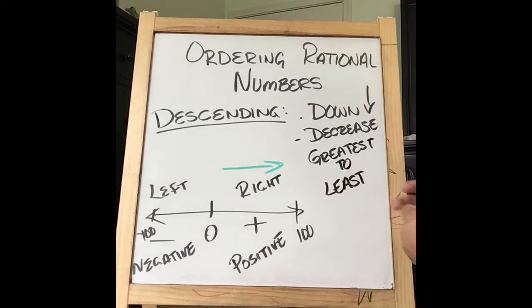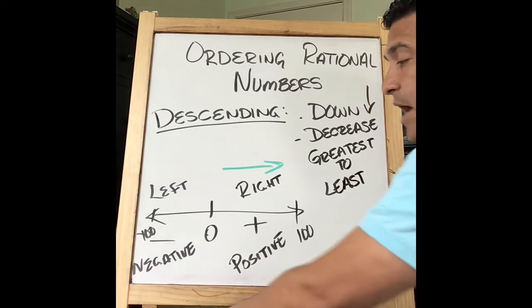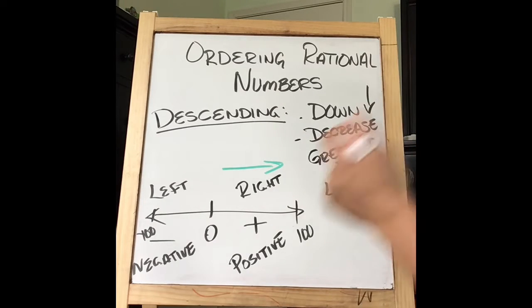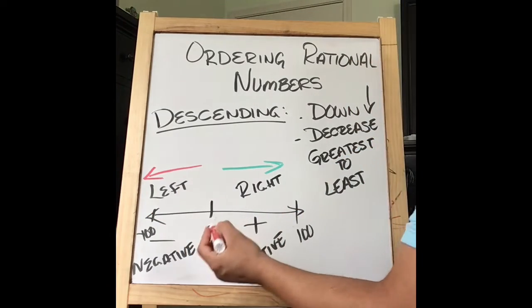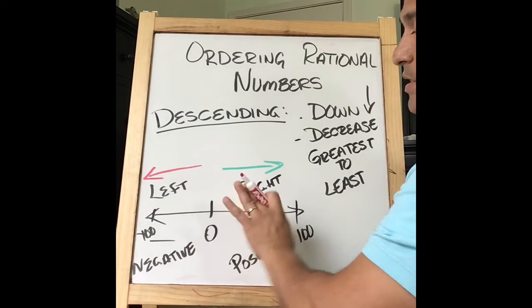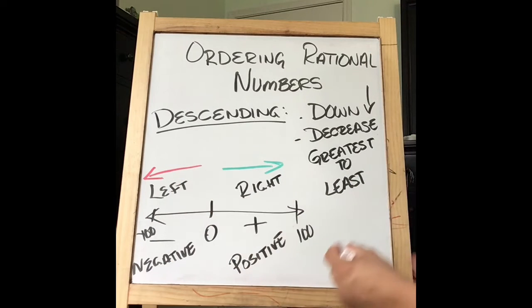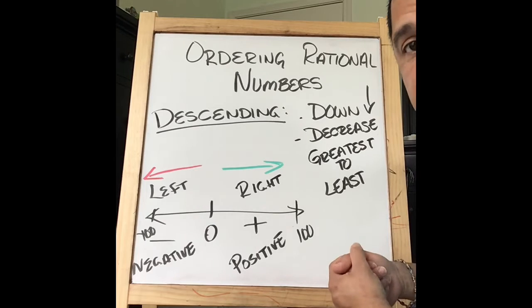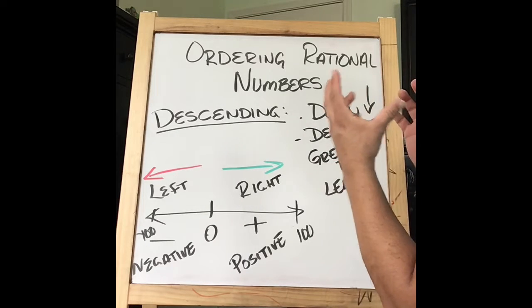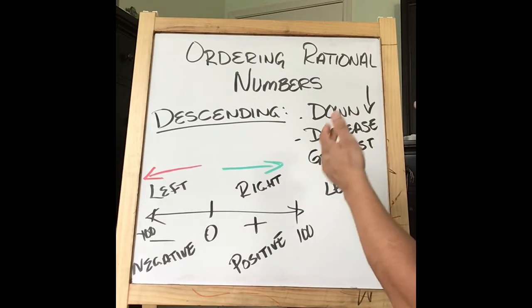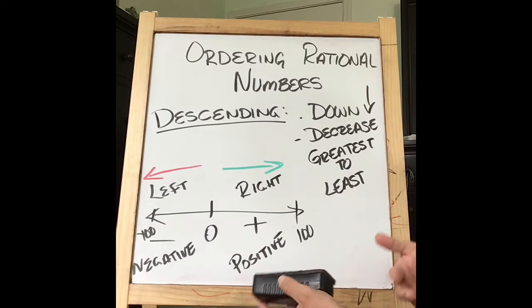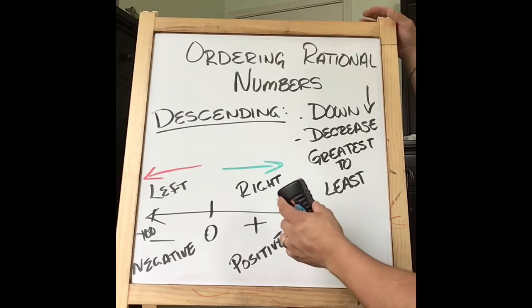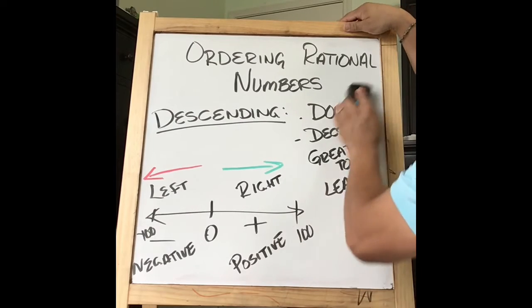So if the numbers are going to go down, we're going to go our numbers to the left. So that means we need to look at our numbers from a big point to the smaller they get. They would be going to the left, so they are descending. All right? So understanding descending and ascending, increasing, decreasing, least to greatest, greatest to least will help you order these rational numbers. So now, let's look at some examples.